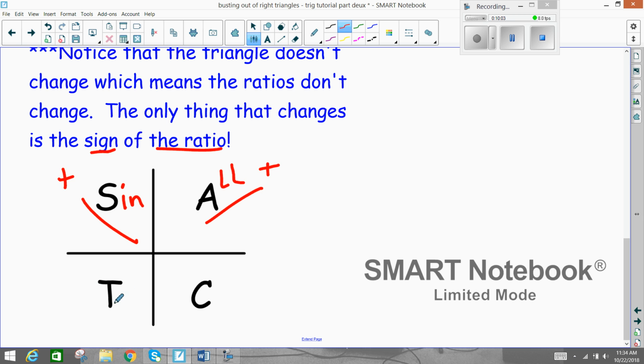In the third quadrant, tangent and its reciprocal are positive. Tangent's reciprocal is cotangent. Excellent. And in the fourth quadrant, cosine is going to be positive, and cosine's reciprocal will be positive, and cosine's reciprocal is secant. Excellent. Good. You're learning very quickly.